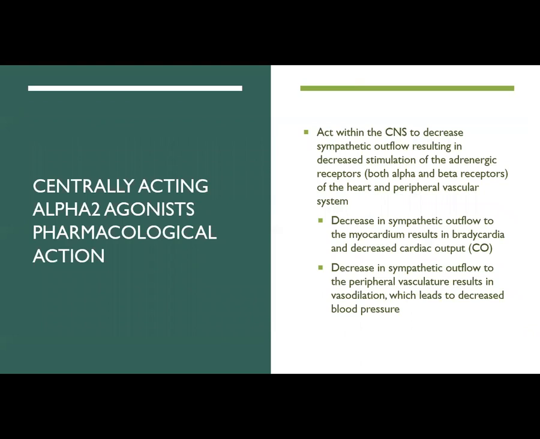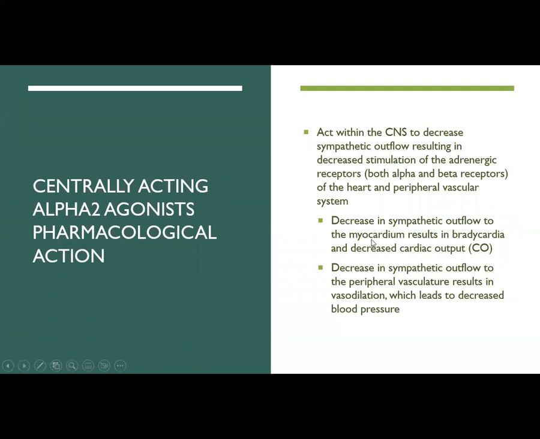The way these work is they act within the CNS to decrease sympathetic outflow, resulting in decreased stimulation of the adrenergic receptors, both alpha and beta receptors, of the heart and peripheral vascular system. That results in decreased sympathetic outflow to the myocardium, resulting in bradycardia and decreased cardiac output.